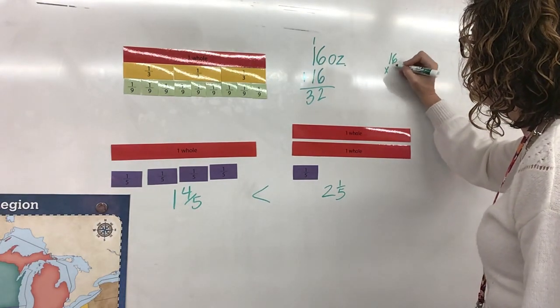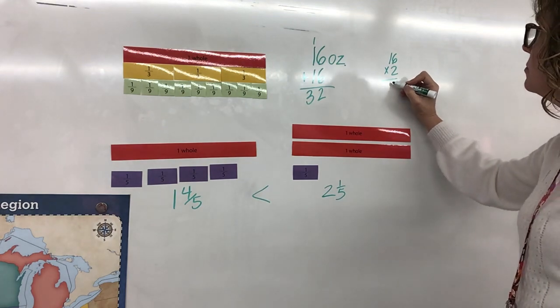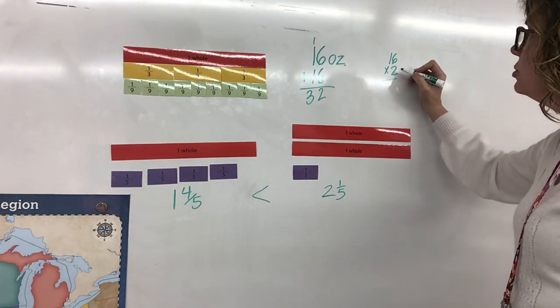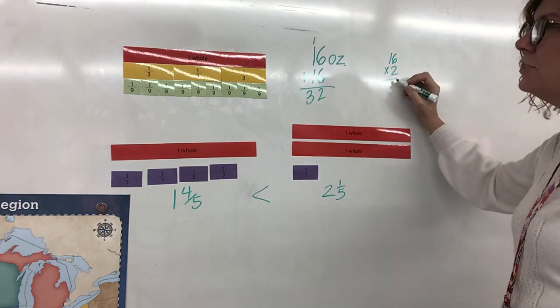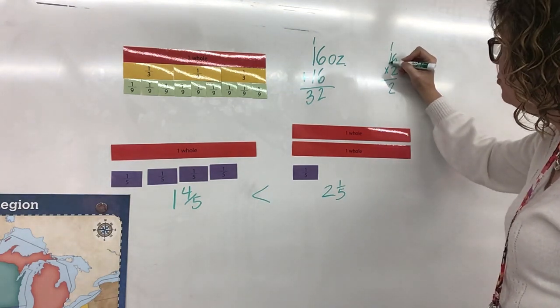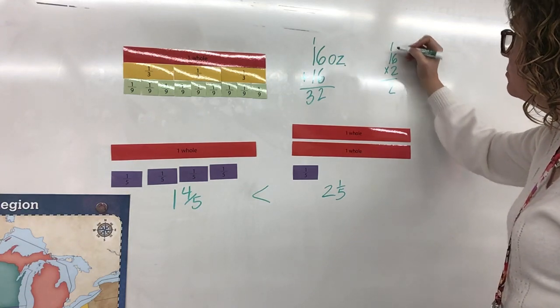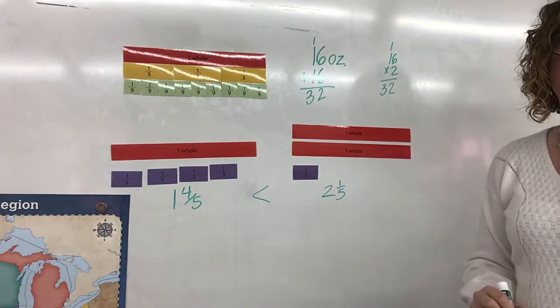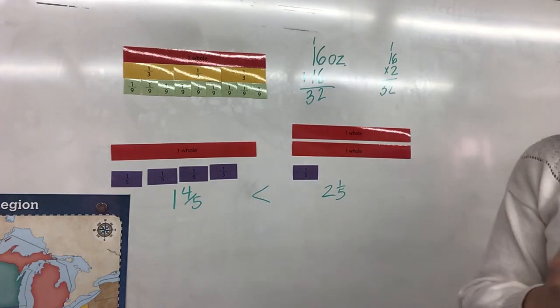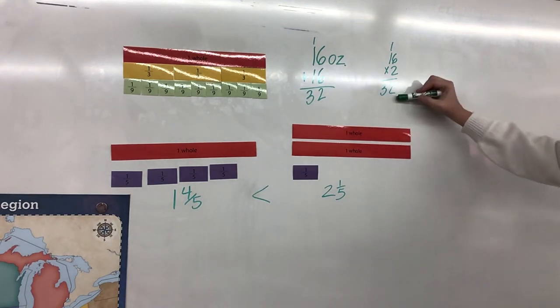You could say 16 times 2, and say 2 times 6 is? No, 2 times 6 is not 32. 12. Rename. 2 times 1 is 2. Add the renamed 1. 2 plus 1 is 3. Okay? Then it is 32, but you can't say 2 times 6 is 32. That doesn't make sense. 2 times 6 is 12.